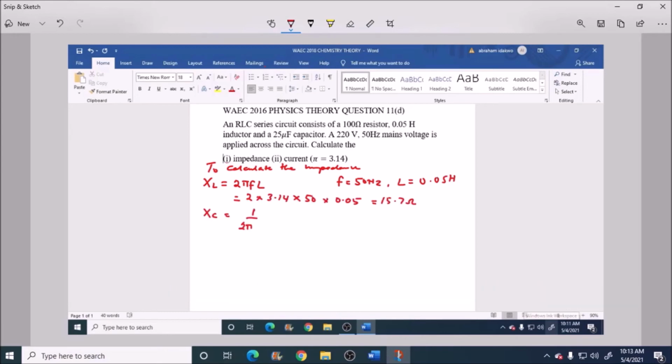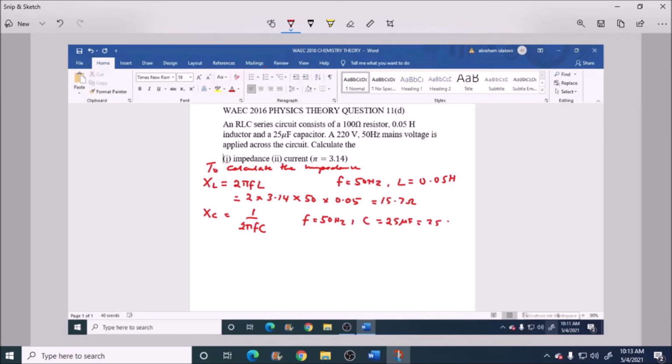Okay, and of course the frequency is given to be 50 Hz, and then the capacitance is given to be 25 microfarad, which is the same thing as 25 times 10 raised to power minus 6 farad.